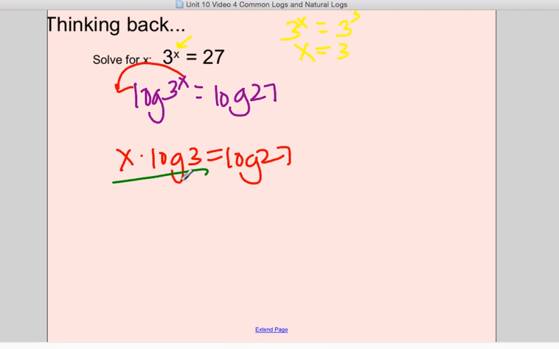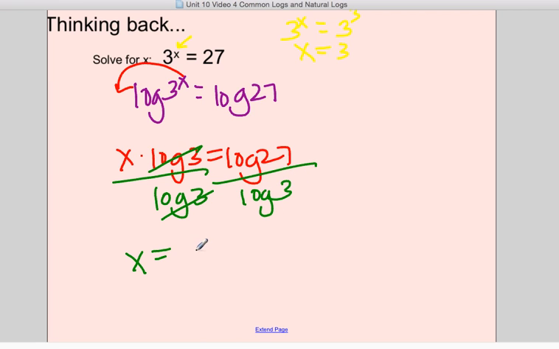Then to solve for x, I would divide, not by x, but by log of 3 on both sides. These will cancel, and so x is equal to log of 27 over log of 3.